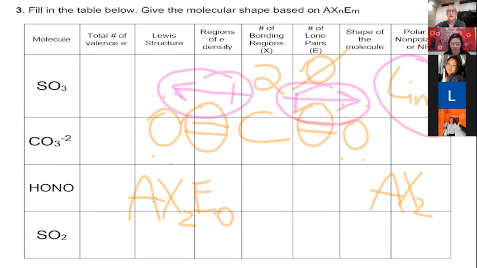The difference in electronegativity is exactly the same, but because it's linear, they're pointing directly away from each other at exactly 180 degrees. So they're equal and they're opposite. And when you add them together, you don't get anything. They cancel each other out. So carbon dioxide is nonpolar and that explains why it's a gas.